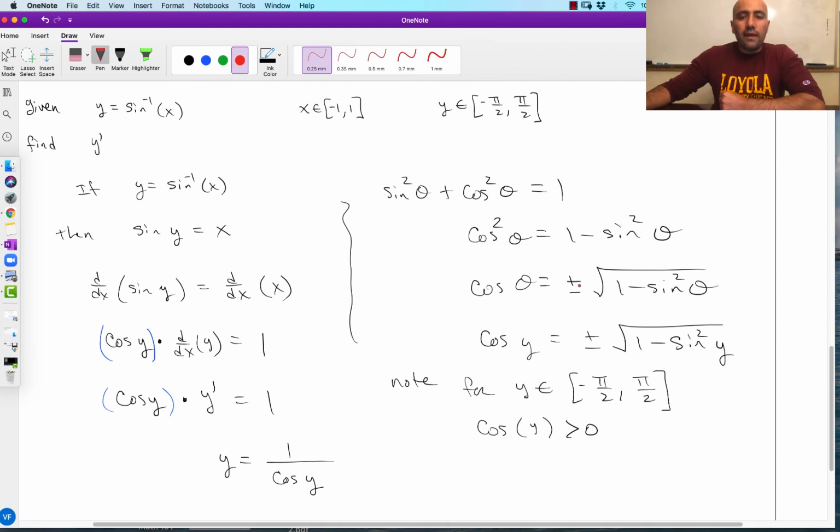So that means we don't need the negative. We get to ignore the minus. So it's just the positive root of 1 minus sine squared y.